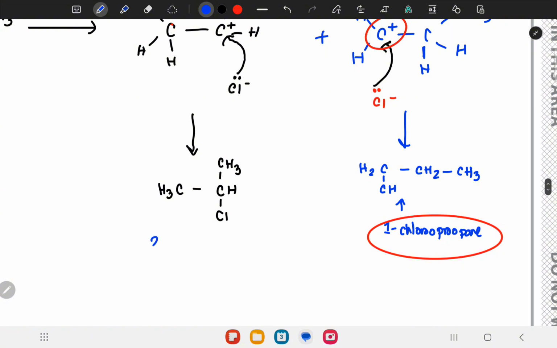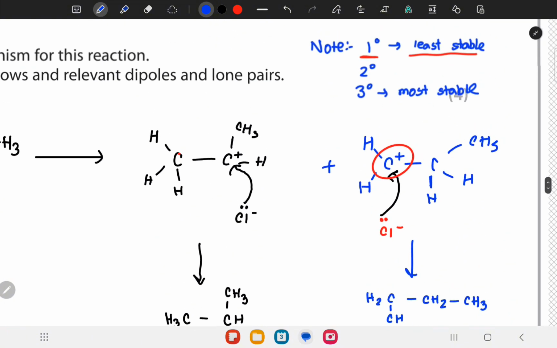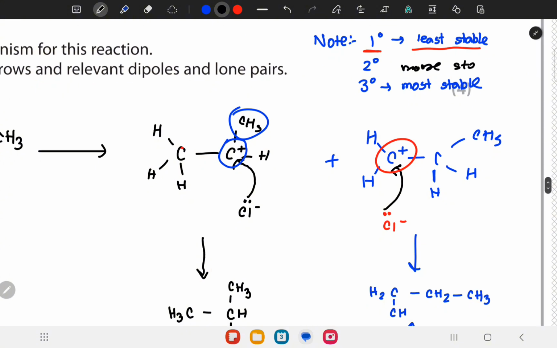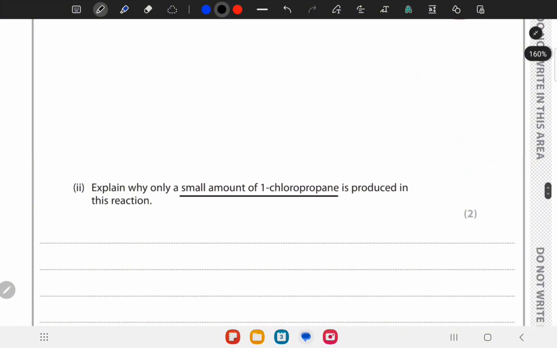In this case, however, when we are forming 2-chloropropane, we have a 2 degree carbocation or secondary carbocation, which is more stable than a primary carbocation. So this over here is more stable than this over here. So we have to answer our question based on the stability of carbocations.